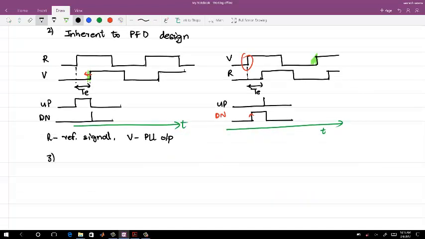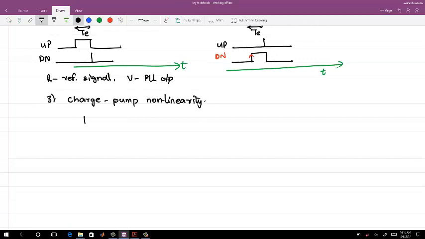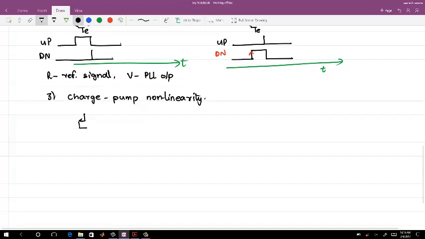So the next one is your charge pump nonlinearity. Let me ask you what all can go wrong here, because this is more or less implementation dependent. If somehow you can make it an ideal charge pump, then it is fine, but there is nothing ideal as such.